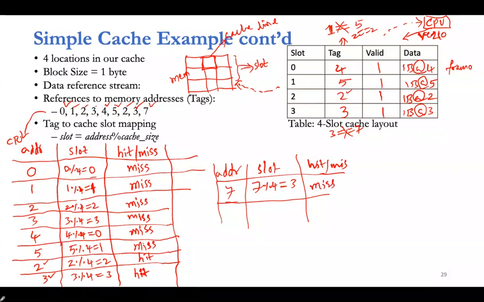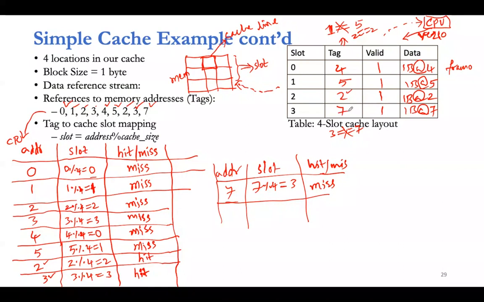When it is a miss, it will erase the existing frame, because now this frame is dedicated for cache line 7. So it erases this data from this frame, and then it is going to fetch cache line 7 from the main memory, and then set the valid bit as 1 and the tag as 7.